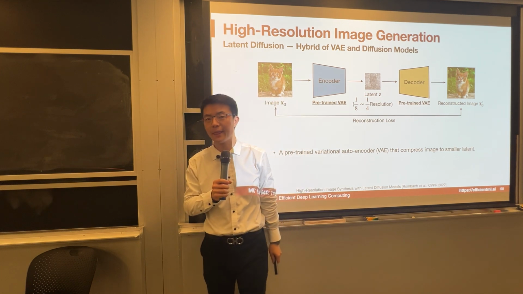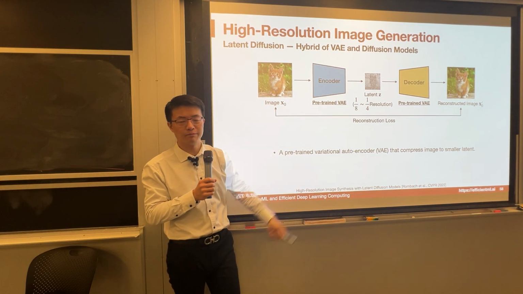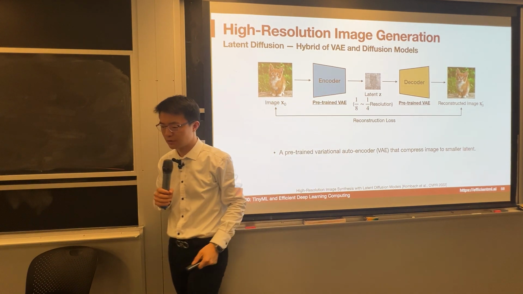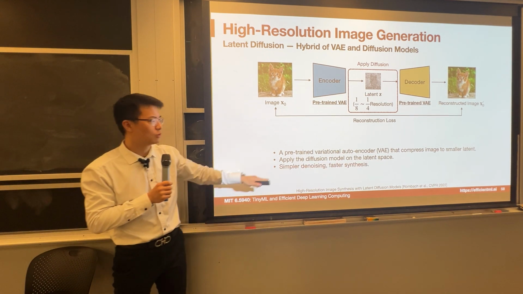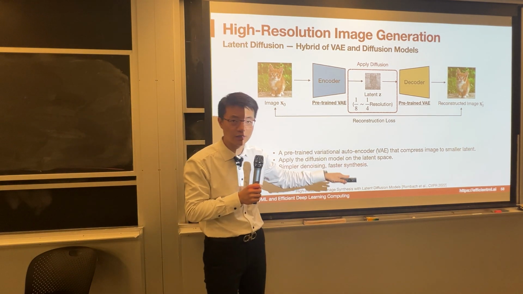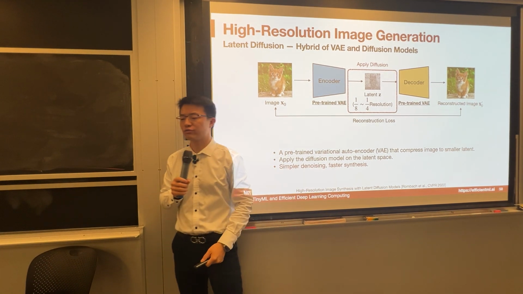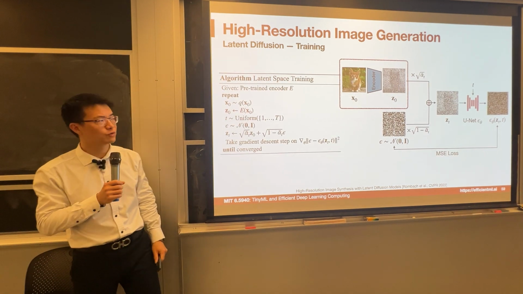So rather than running the diffusion on the original pixel space, we run it in the latent space. The advantage of applying it to the latent space is that we can have simpler denoising because the dimension is much smaller, and it can also lead to faster synthesis. That's actually very widely used.